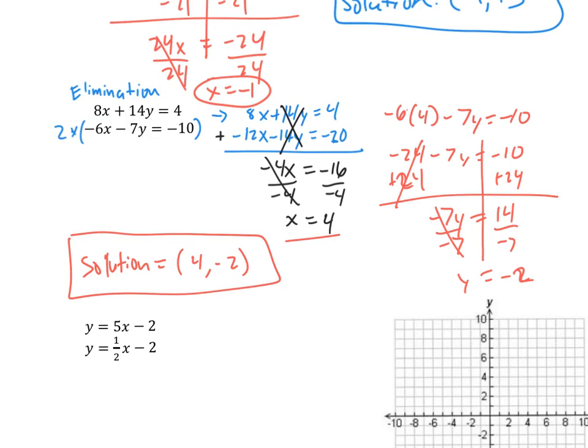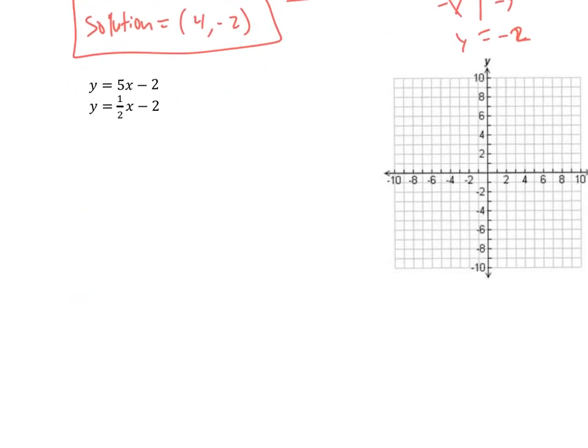Okay, let's look at one last example here. Now here we have two equations that are both in slope-intercept form, and there are two things that I would automatically think of here. Now this would be an easy one that we could solve by substitution, but we do have that 1/2 as a fraction in there, and that might not be as fun to deal with in substitution.